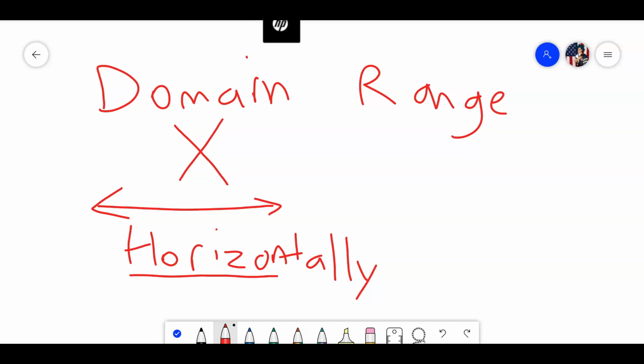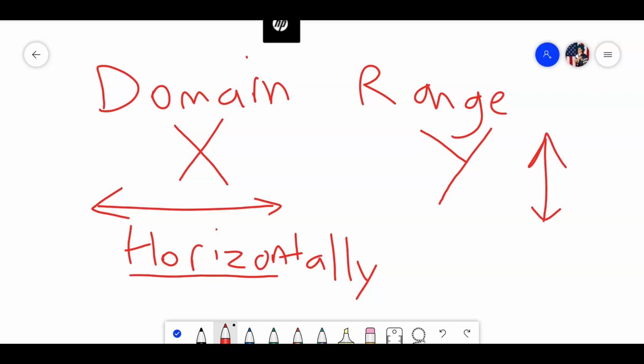The range goes up and down, north and south. That's the y-axis. We always start which way? Down to up. So from south to north, from bottom to top. It's kind of like when you wake up in the morning, you're starting down and you got to rise up for your range. You go up from bottom to top. So again, range is from bottom to top.